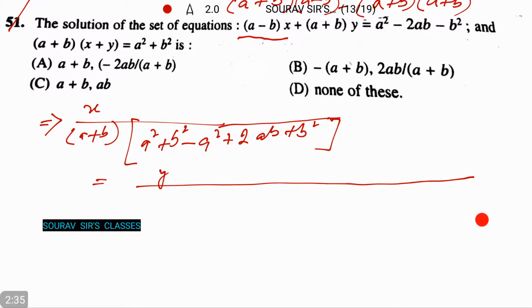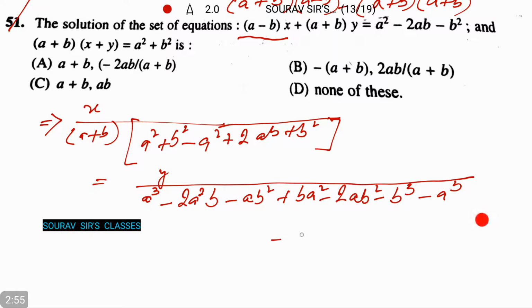So the denominator is a cube minus 2a squared b minus ab squared plus ba squared minus 2ab squared minus b cube minus a cube minus ab squared plus ba squared plus b cube.